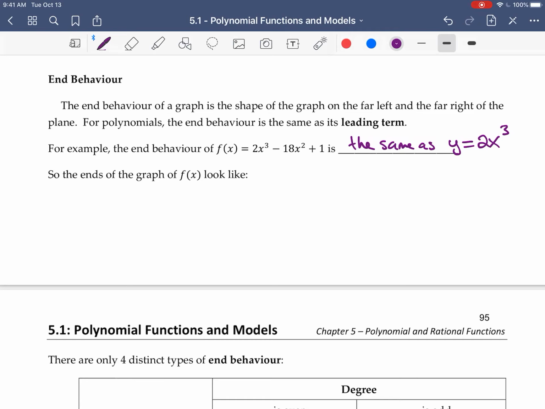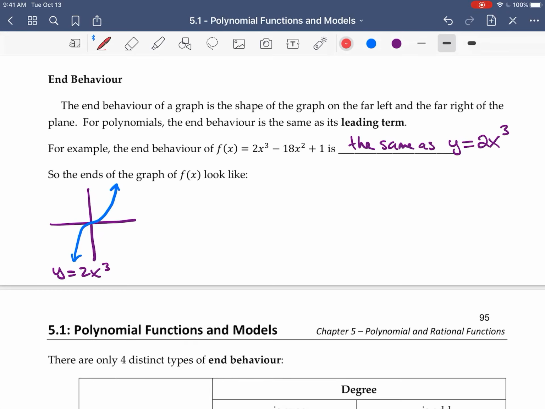Now we know what the graph of 2x³ looks like. It's the x³ graph, but it's stretched a little bit. It has the same basic shape, so I don't actually care much for the picture.